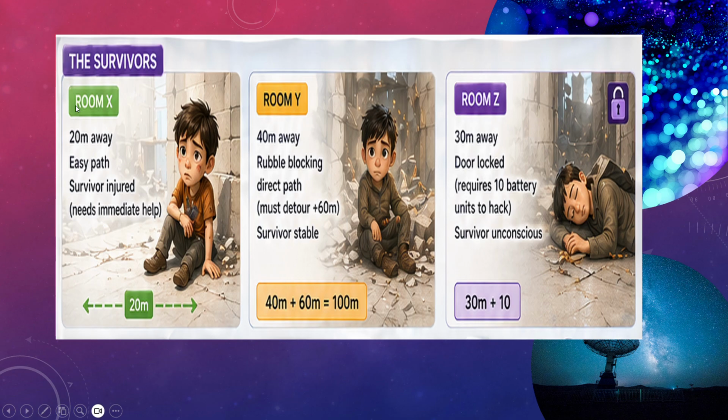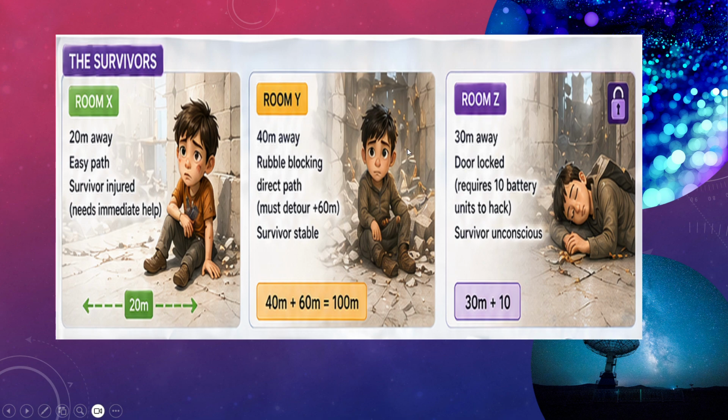The conditions of all these survivors we'll analyze. Room X: the survivor is injured and needs immediate help. This survivor is 20 meters from the robot, and the path the robot needs to cover is an easy path.